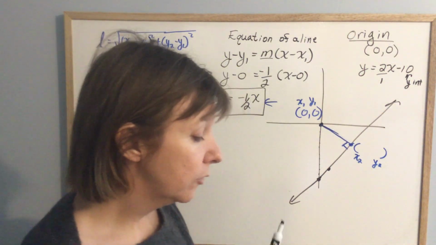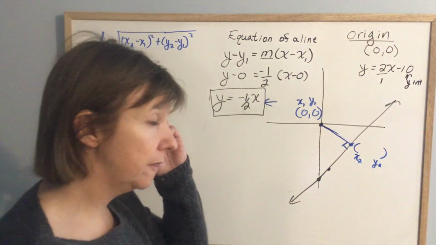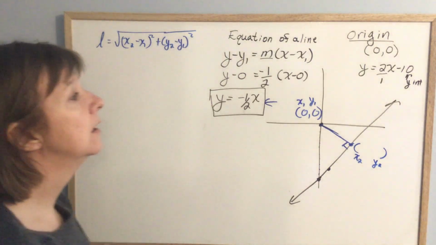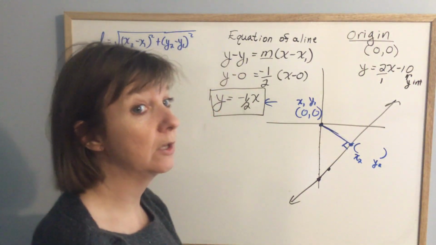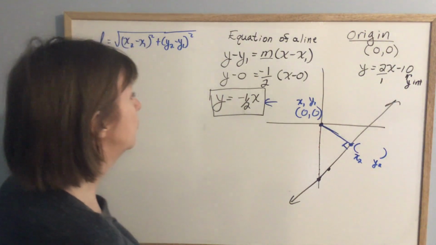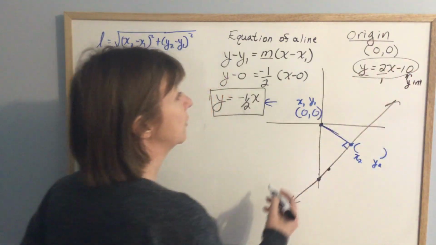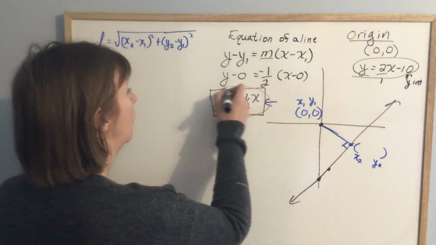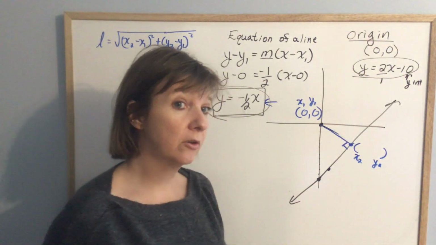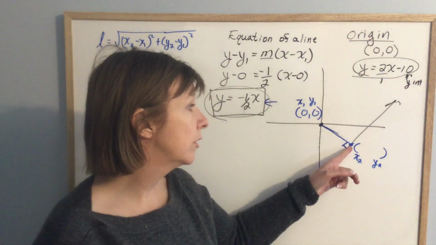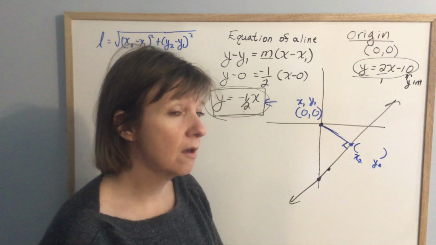Okay. So how do I go about solving for this? Let's think back, way back to September when we were doing solving systems of linear equations. If I gave you two equations, y is equal to 2x minus 10 and y is equal to negative 1/2 x, and asked you to solve that, you could solve it by graphing, which I sort of have here, but I would have to be really guessing at what that is.